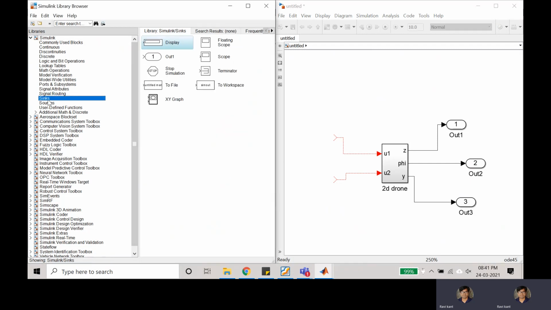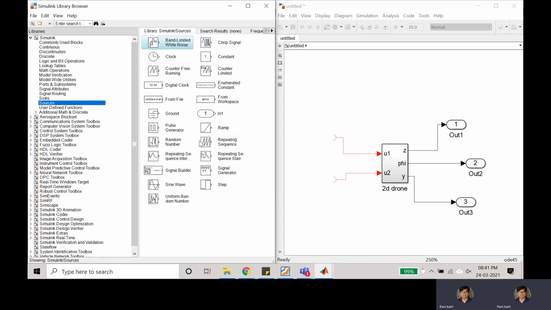This will be in sources and sinks, probably in sources. Yes. So we have assigned a step input.